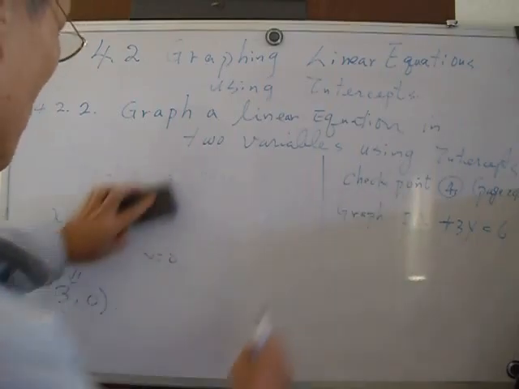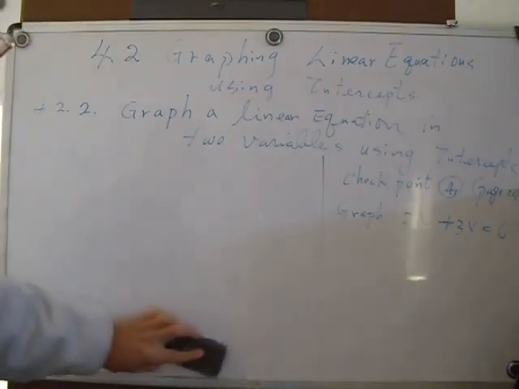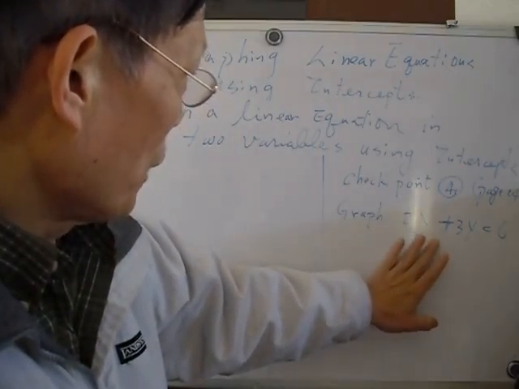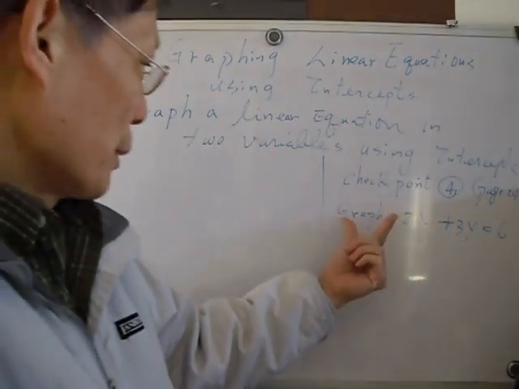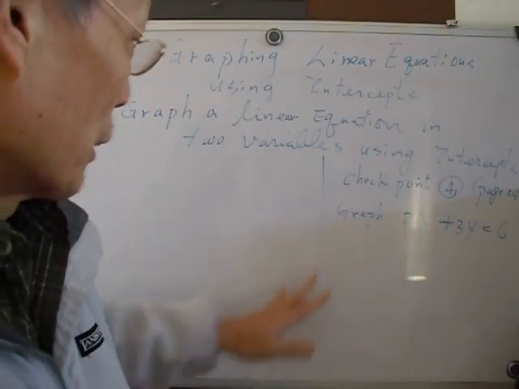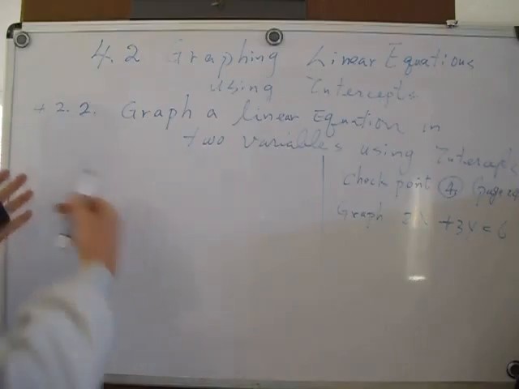use checkpoint number 4. This is page number 241. That example says, graph this linear equation. If your exam says only graph this without anything else, you can do the table way. Build a table, find easy points for that.